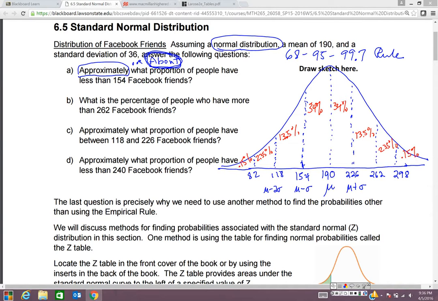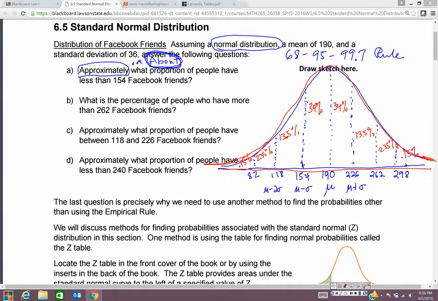So it only goes to 99.7% because this bell curve, this part right here never touches the horizontal axis. Alright, so it goes on infinitely.